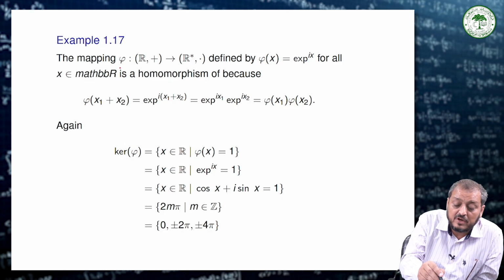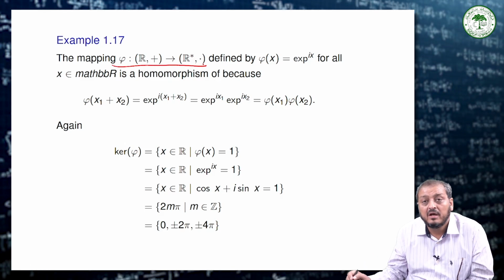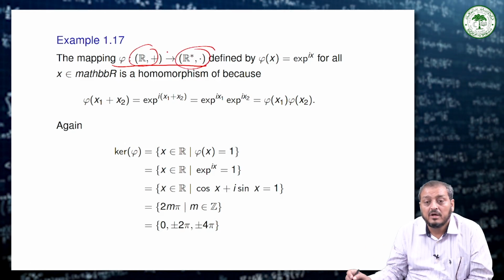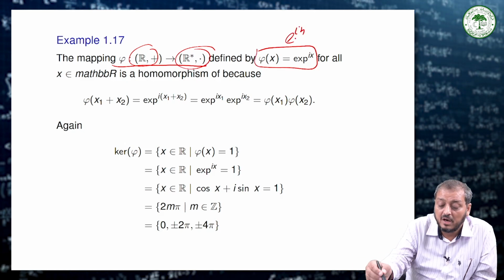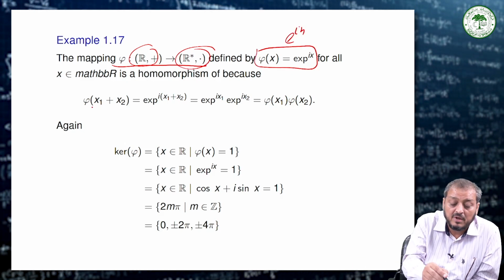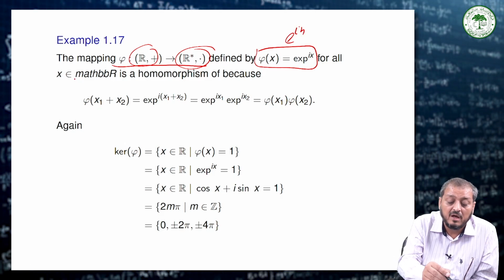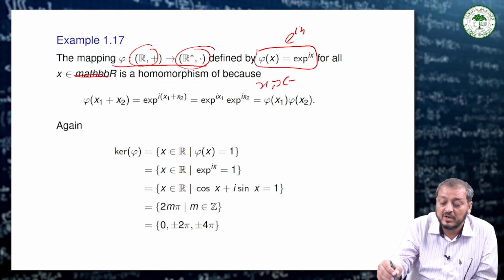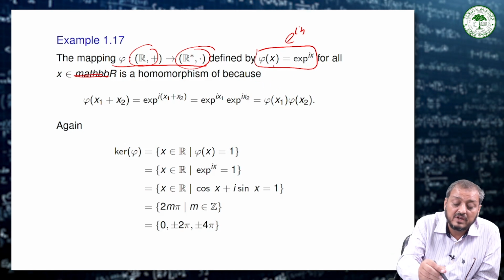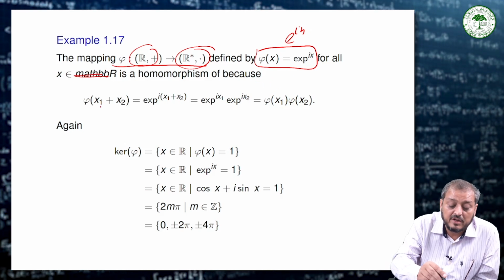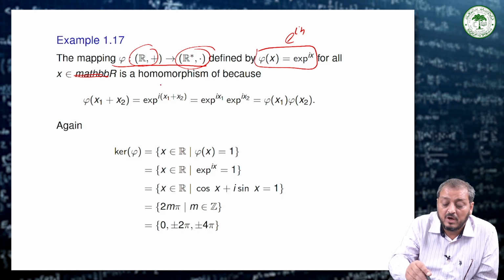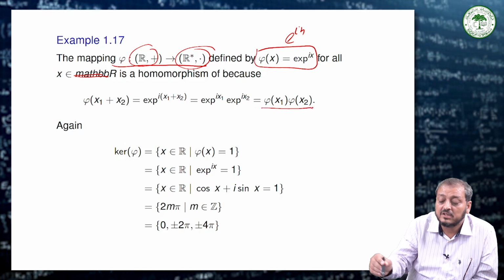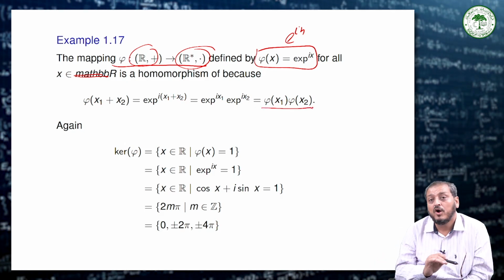Let the mapping be defined from the set of real numbers under addition to the set of non-zero real numbers under multiplication, phi of x equal to exp(ix), and this is clearly a homomorphism because we take any two elements x1 and x2 of R. Then phi of x1 plus x2 is exp of i(x1 plus x2), which can be written as exp(ix1) times exp(ix2), which is phi of x1 times phi of x2. So clearly it is a homomorphism.